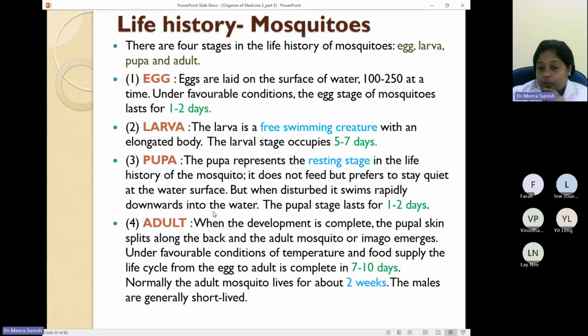When disturbed, it rapidly swims downward, and this pupal stage lasts for 1 to 2 days. In the case of the adult, after the pupal stage, the pupal skin, the chitinous layer, splits, and the adult mosquito, what we call the imago, emerges.